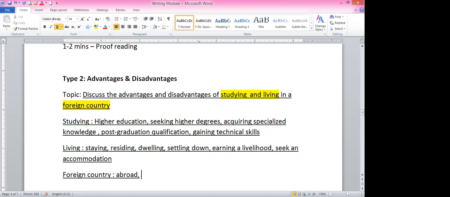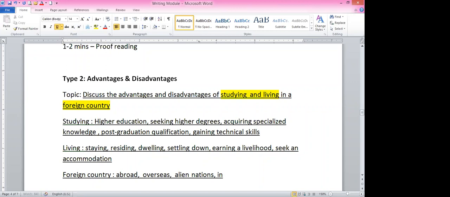Foreign means overseas. Again, you have heard this word: overseas education, overseas places. Foreign means alien nations. Overseas is already here.